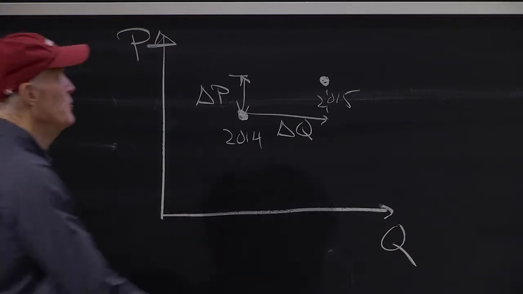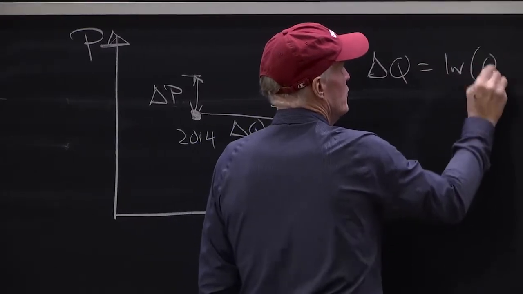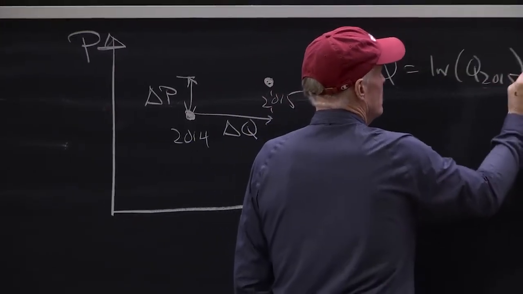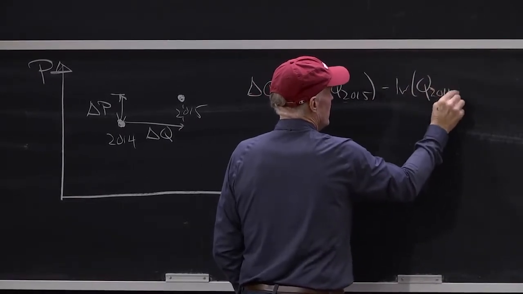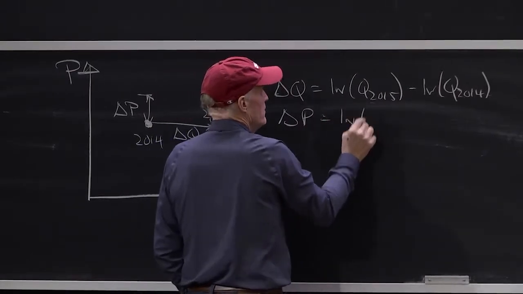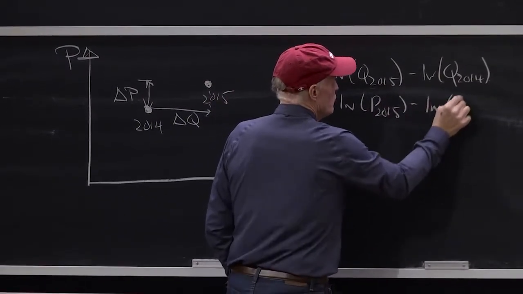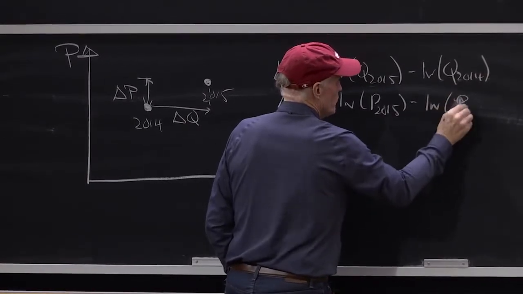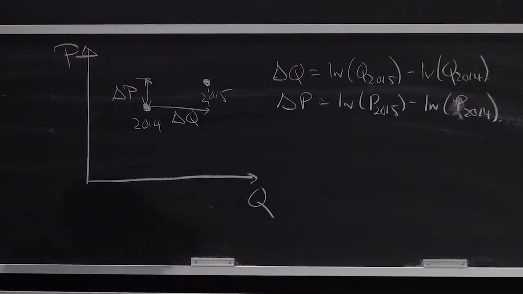So delta Q equals log of Q 2015 minus log of Q 2014, and delta P equals log of P 2015 minus log of P 2014. Okay, so that's my picture.